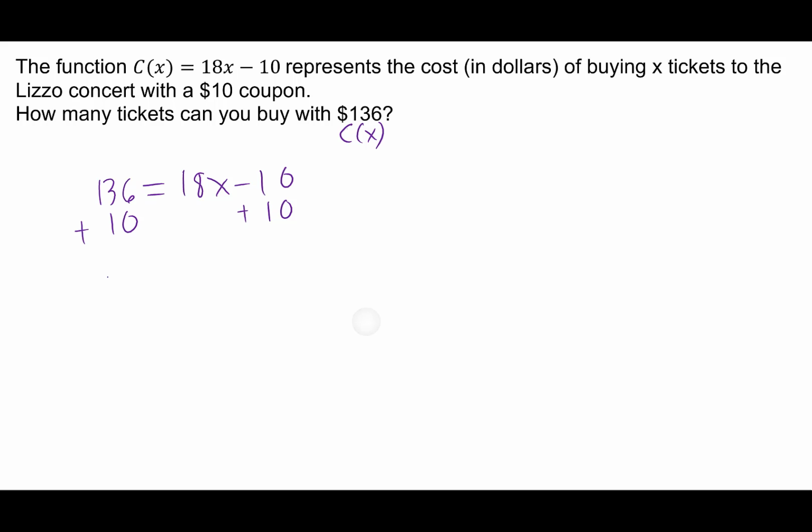So 136 plus 10 is 146. Divide both sides by 18. And 146 divided by 18 is 8.1 repeating. All right, so what was the question? How many tickets can I buy? Well, I can't buy partial tickets, can I? Remember, this is what we would consider a discrete function. We're buying tickets.